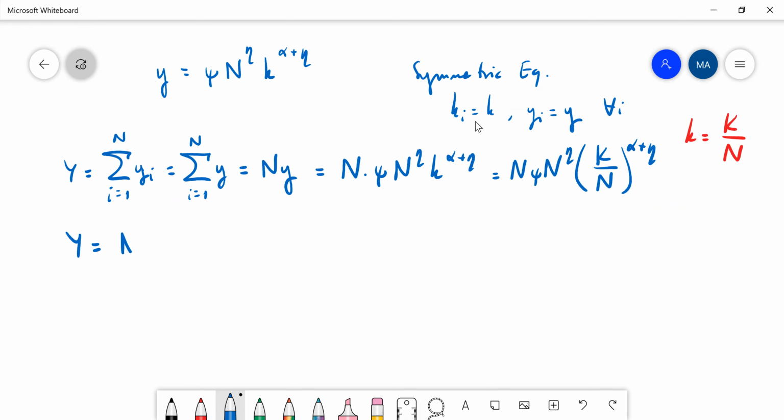You have n c k to the alpha eta, right? Oh no, you also have, so this is 1 minus alpha. Okay, so either at the firm level or at the aggregate level, there are three possibilities: alpha plus eta less than 1, alpha plus eta exactly equal to 1, okay, and alpha plus eta greater than 1.